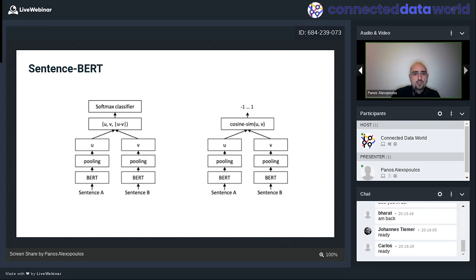Let's say that the embedding of sentence A is U and the embedding of sentence B is V. Then they consider their distance.